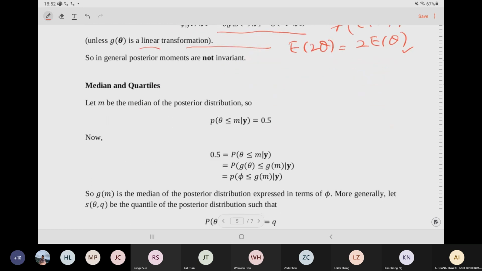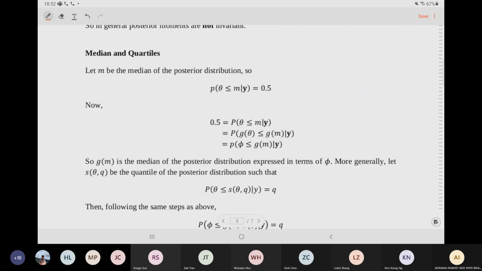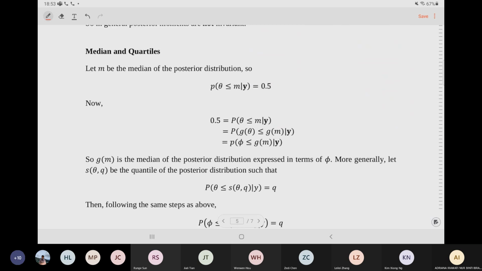But how about the median and the quartiles? Okay, so if you remember about the median, the median is where the probability of less than m is 50%, or 0.5. So for example, if we have a distribution, this is my f(x), this is my x.